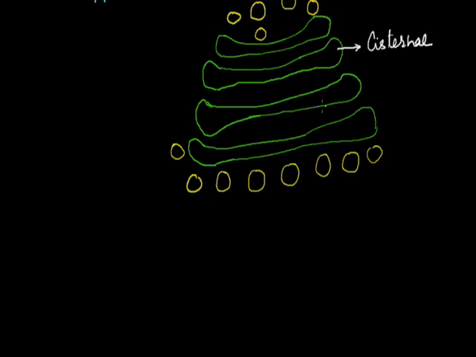And this stack of cisternae is surrounded at the circumference, both above as well as below, by the rounded structures which are known as the vesicles.